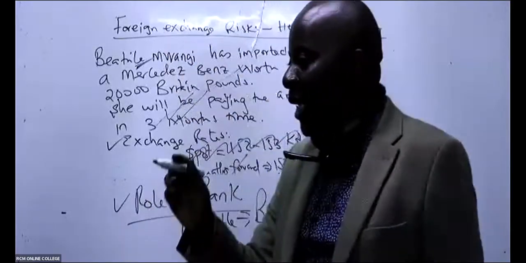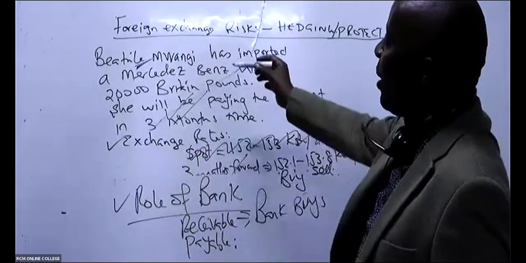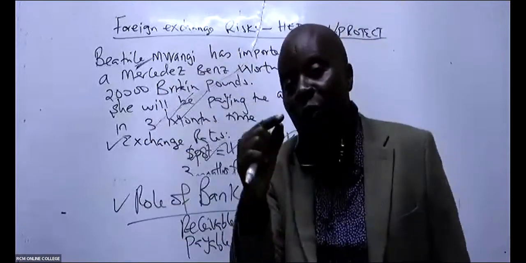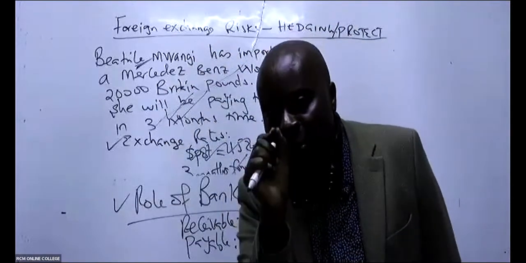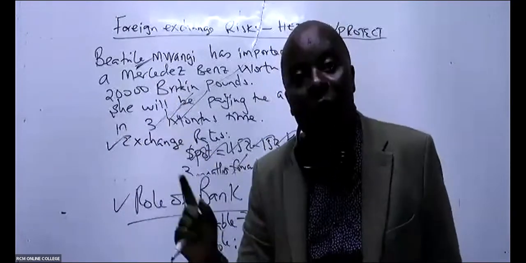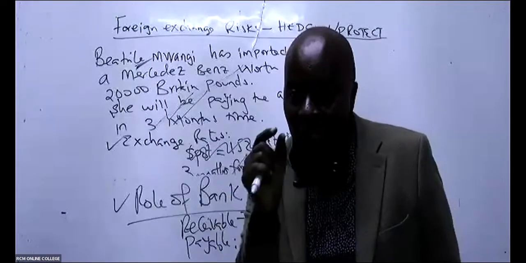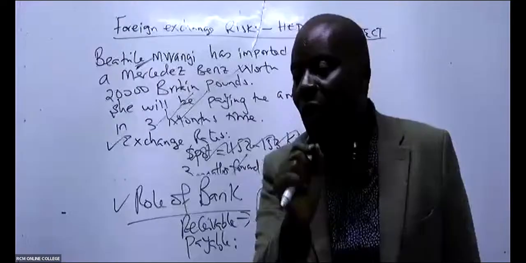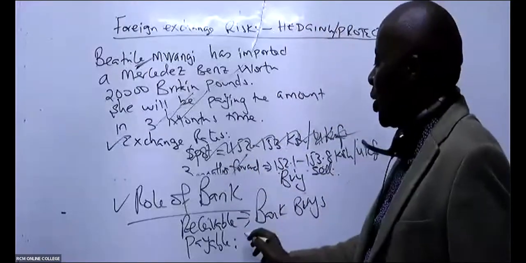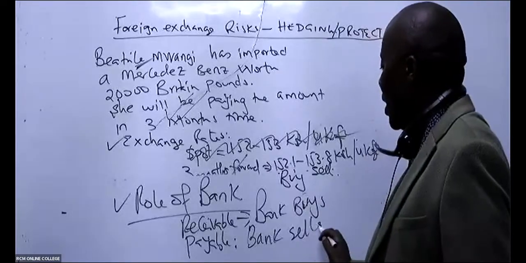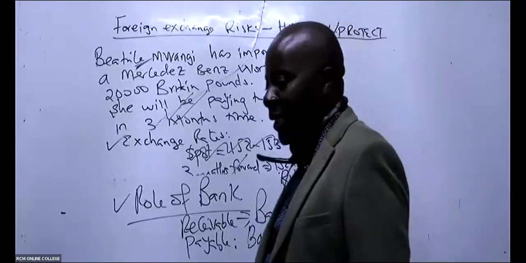So anytime it's a payable, like now when Beatrice Mwangi brings a Mercedes-Benz, she'll be required to pay herself. This is quite a lot of money, over 2 million, so she'll have to feel that pinch. So it's a payable question. Whenever it's a payable question, always know that the bank sells.